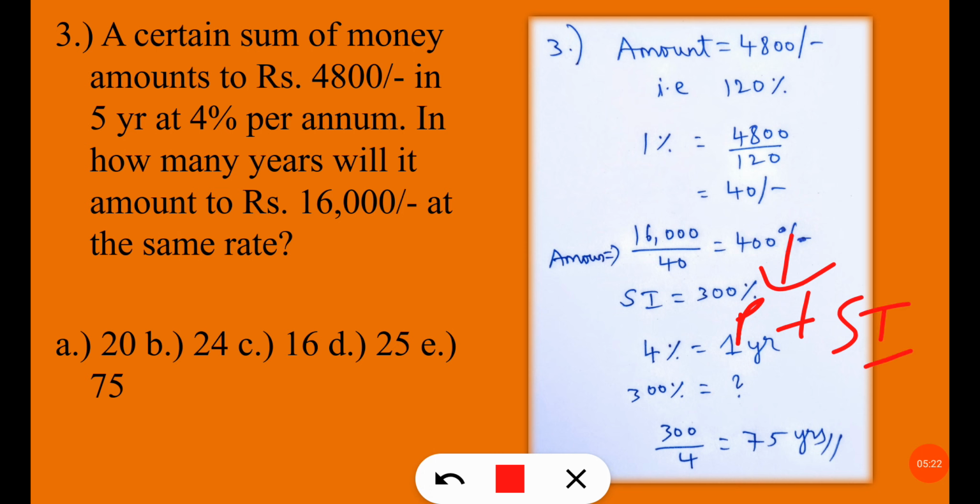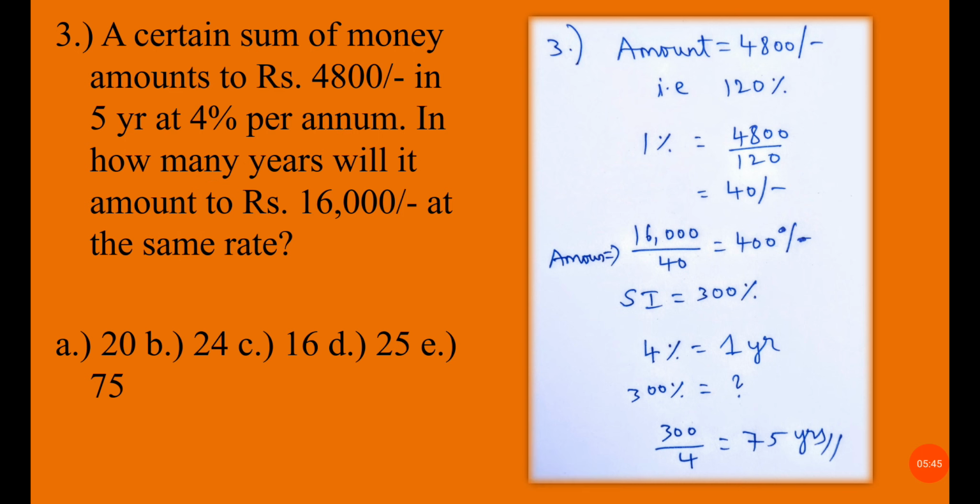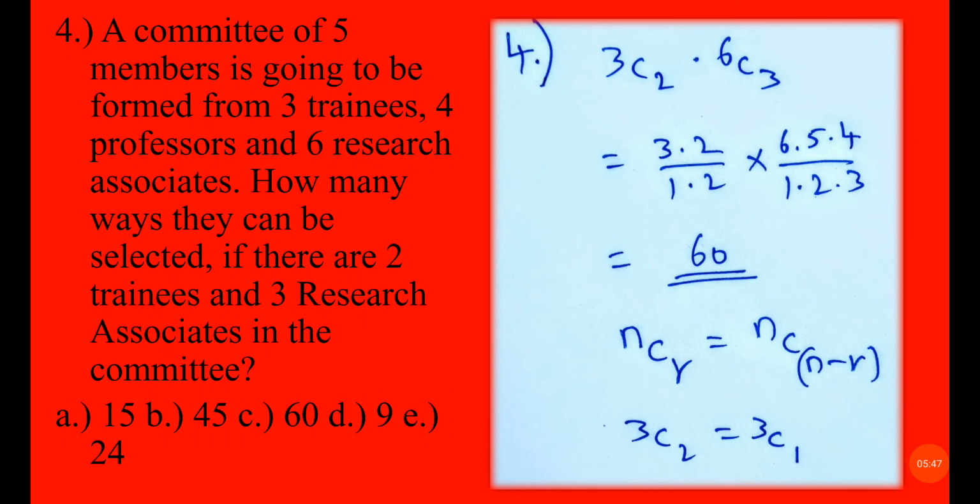As we discussed earlier, principal is always 100% and simple interest is the remaining. Out of this 400%, principal is 100%. If we remove that, the simple interest will be 300%. For 1 year, the rate is 4%. For how many years is the rate 300%? 300 by 4 equals 75 years. Option E is the correct answer.